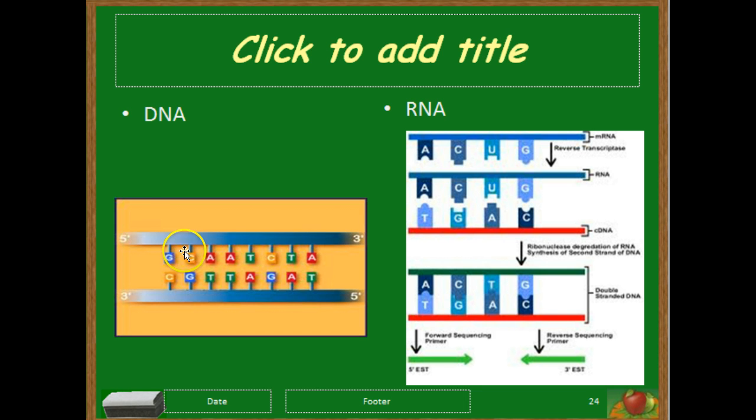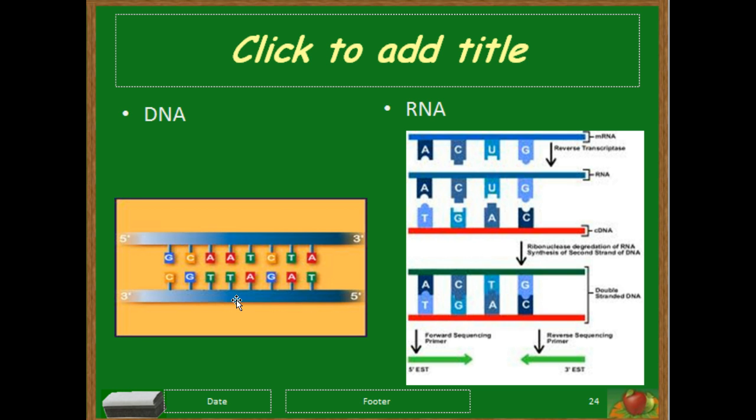So this is why we have a strand here and a strand here. So what we see is G goes to C, C goes to G, A goes to T, A goes to T, T goes to A, C to G, T to A, and A to T, and so on and so forth. It keeps going.